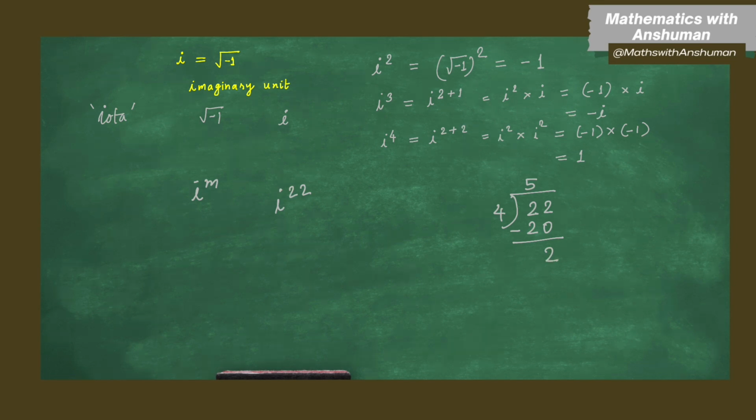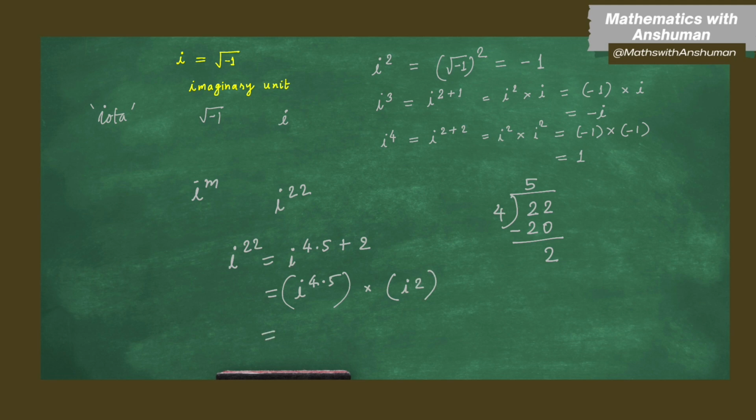Now we can write iota raised to the power 22 as iota raised to the power 4 multiplied by 5 plus 2. Or simply, write the power on iota as a multiple of 4. Next step is separate the terms as iota raised to the power 4 multiplied by 5, and then this whole is multiplied to iota raised to the power 2.